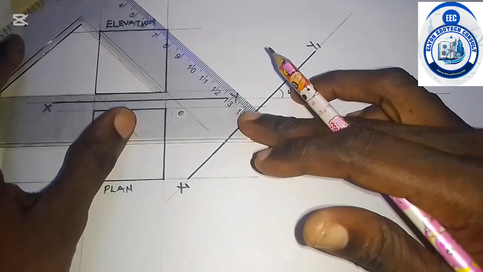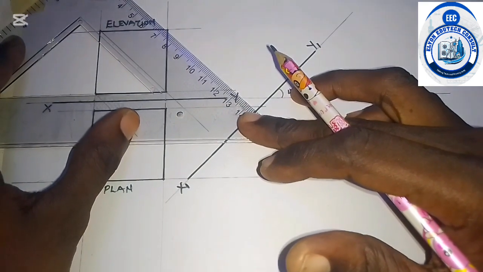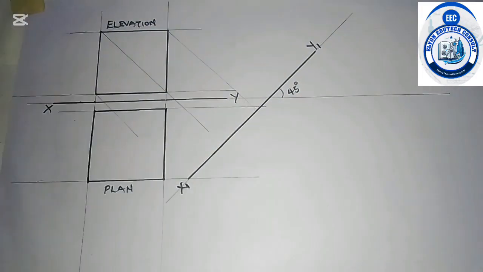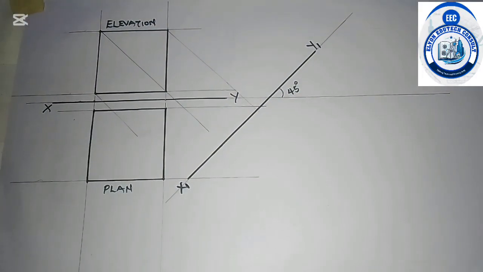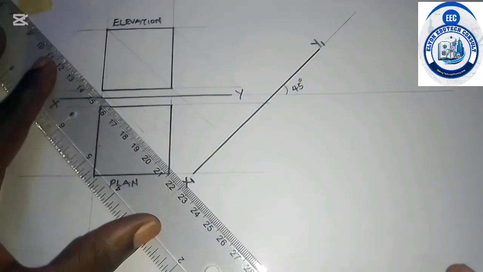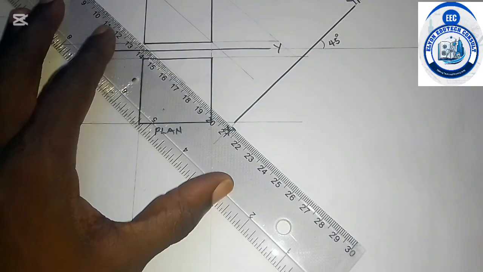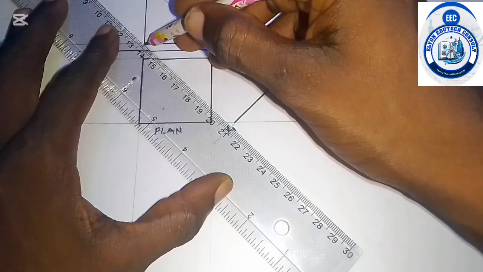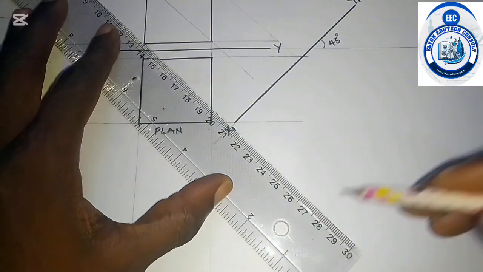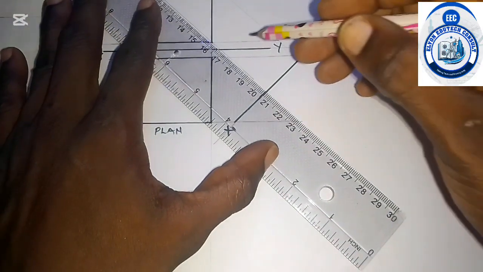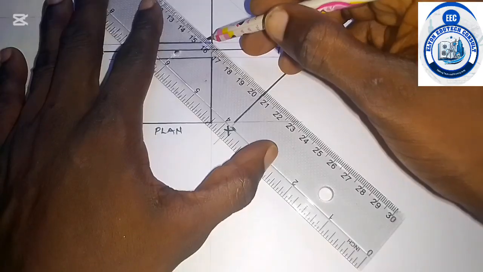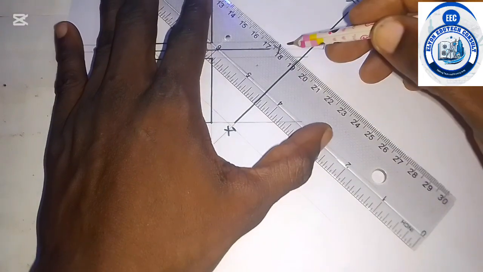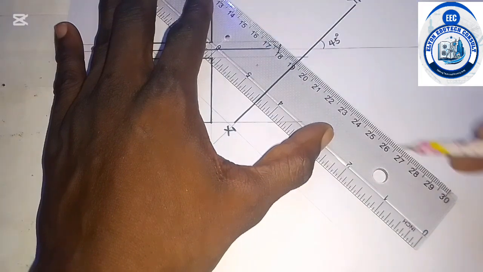Then this part here will produce this. Alright, so I'm going to extend the line to cut that plane. This way, this way, and this way.